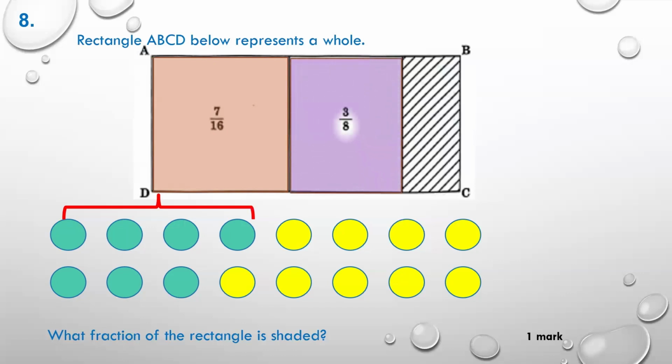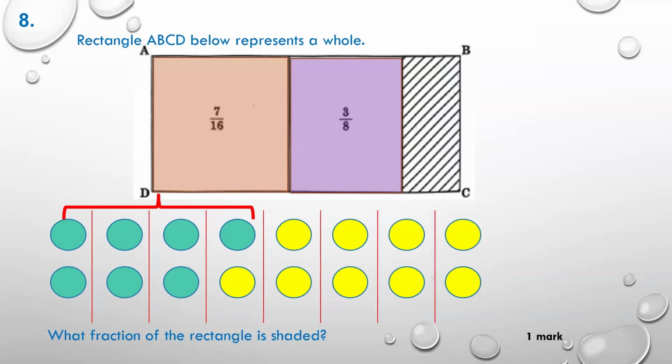The next part is 3/8. Now if we look at those 16 circular balls that we have, can we cut that into 8 parts? Well, we could draw lines 1, 2, 3, 4, 5 parts, 6 parts, 7, 8 parts.